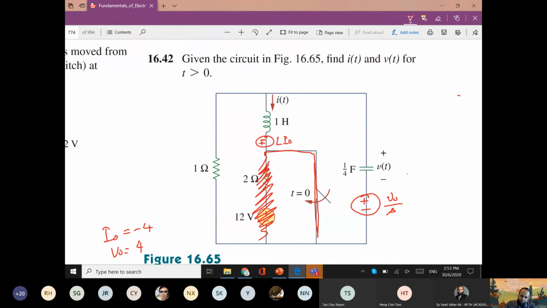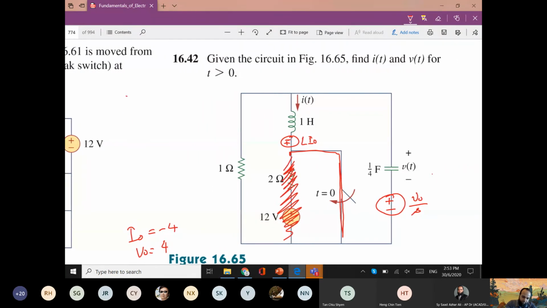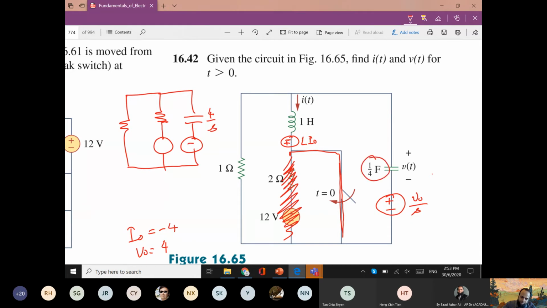So the circuit looks like, can I move it a bit? Four upon S, this is in S domain, minus, plus minus, V0 is 4 upon S, and S, this is an inductor, and minus plus 1 times I0 minus 4, and will be 1.